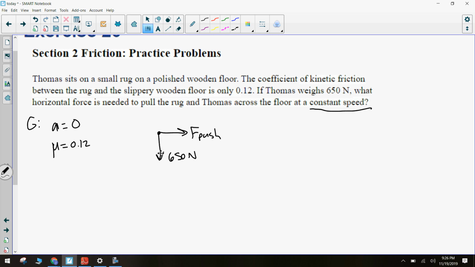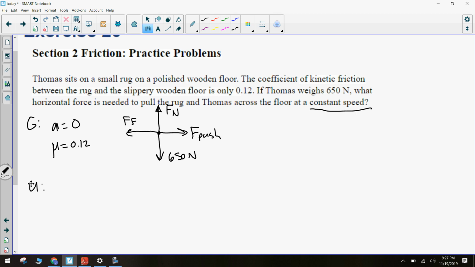If his weight is pulling down, but he's not going through the floor, there must be some force from the floor that's balancing his weight. We call that the normal force. So straight up, opposing the weight, that's Fn. We have a constant speed, so our acceleration is 0. That means we're not changing our speed. So if I'm pushing to that side and not changing my speed, Newton's first law says I have to have a balanced force. So this is the force of friction.